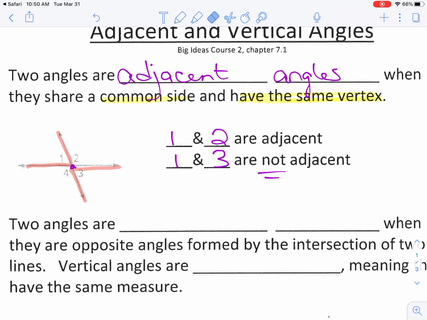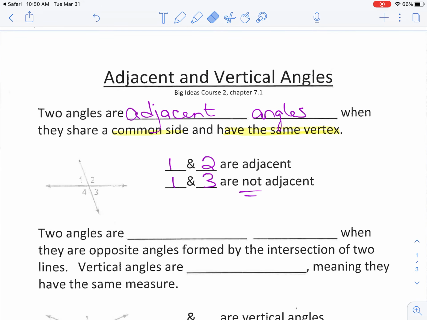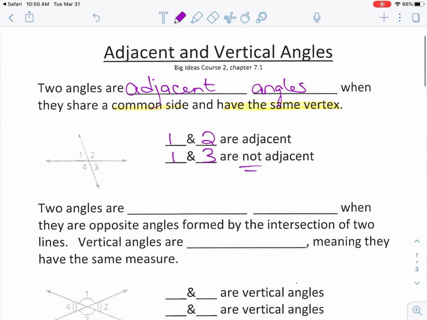So those would not be adjacent. You could also say that 2 and 4 are not adjacent. They share a vertex. They do not share a side. So adjacent angles share a side and they share a vertex.